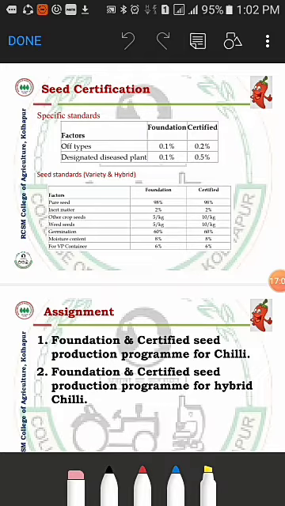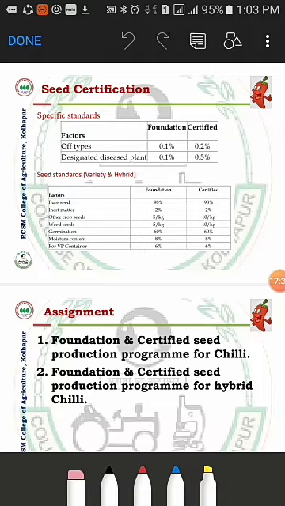But for foundation seed production in hybrid chili, maintain the lines, that is the A line and B line for GMS, and A, B, R for CGMS. For hybrid seed production, that is the certified seed production program, A is crossed with R for CGMS, and A is crossed with the pollinator or pollen parent to develop the hybrid.